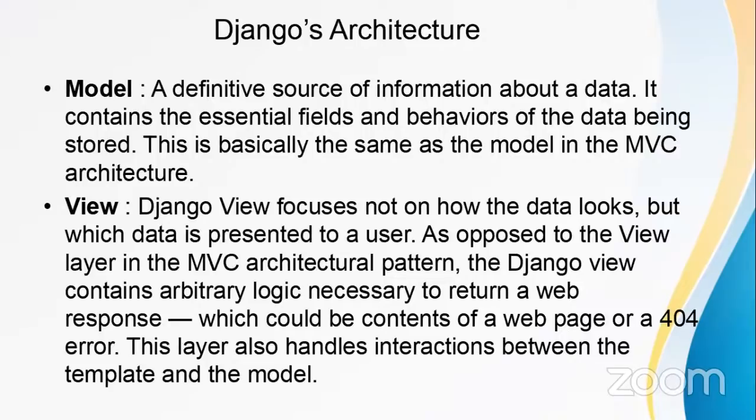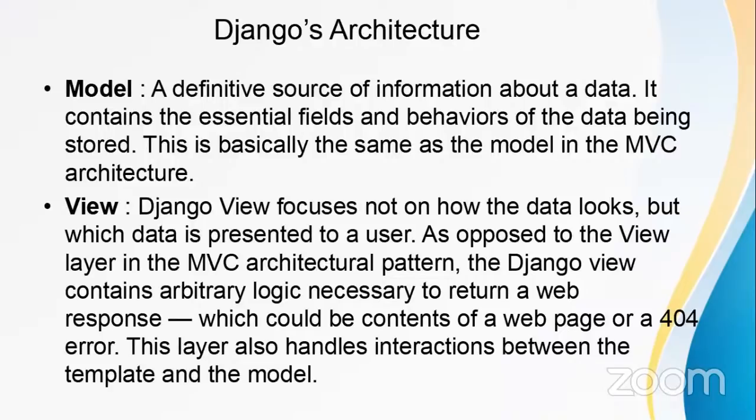Now the view part of our application in Django. This is what makes it a little bit different from the MVC architecture. If you remember, we said that the view has everything to do with the user-related logic, the user interface logic rather.